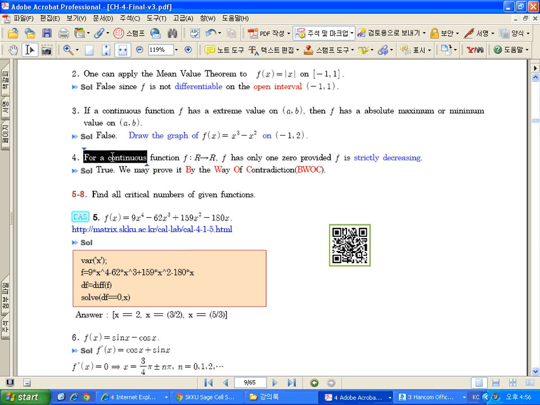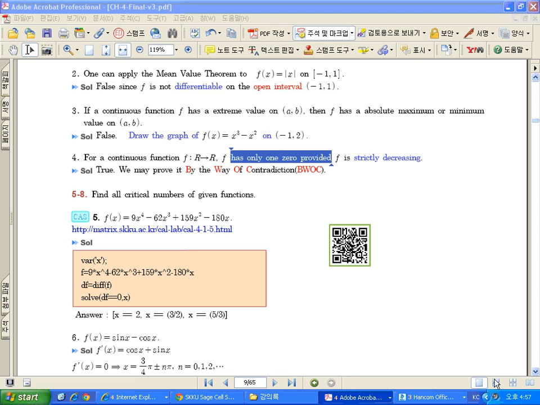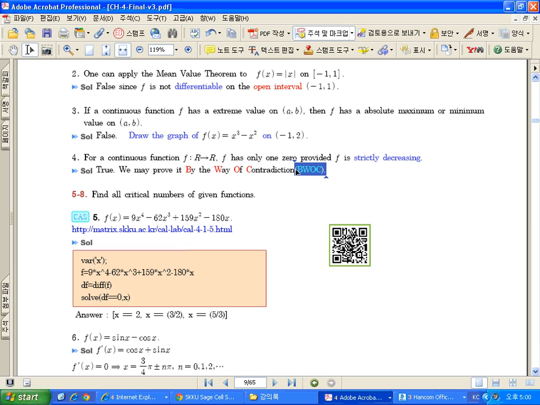For a continuous function f, if f is strictly decreasing, we were asked to show it has only one zero. To prove it, suppose f has more than one zero, then we can easily show it is not strictly decreasing. So I have explained a little bit one way of proving some mathematical statement by way of contradiction. This is the way that we usually use in many mathematical proofs.